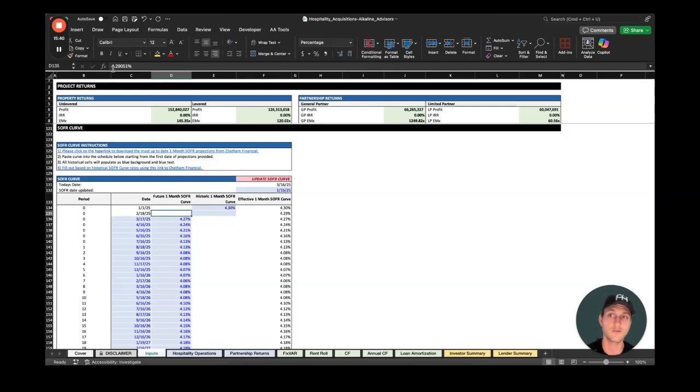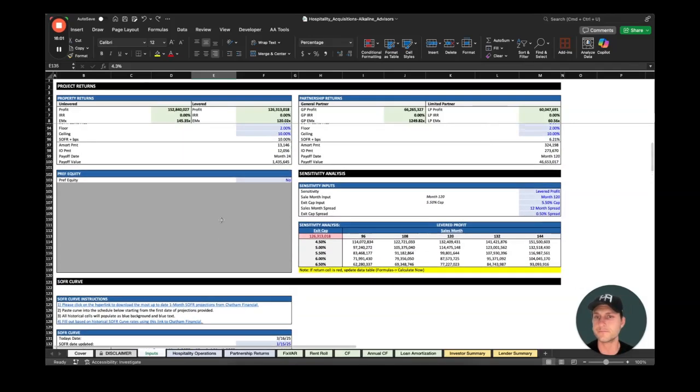So in this scenario it's 4.29%, so that it's not drawing from the 0%. So you're going to be off by whatever the margin or the spread was between the anticipated SOFR curve when you first loaded it in and what it inevitably was at the time that you load in the historicals.